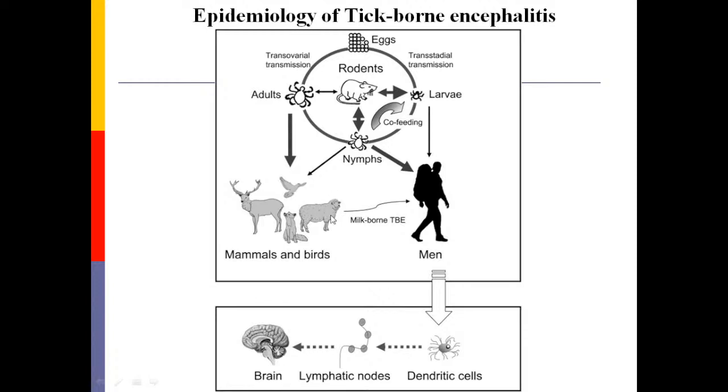For example, a nymph can bite sheep, cow, goats, and other cattle. So people can be infected. A person can be infected through infected milk.